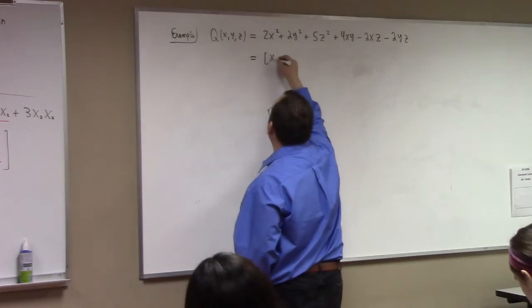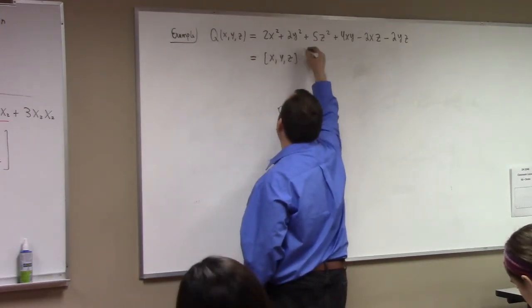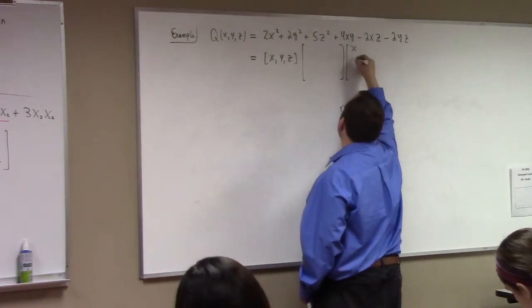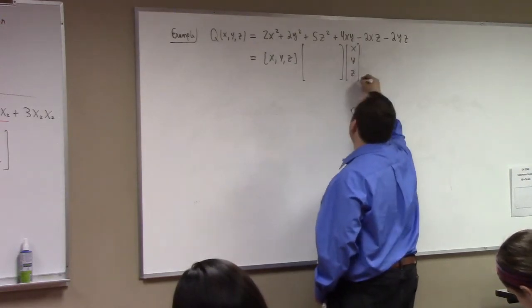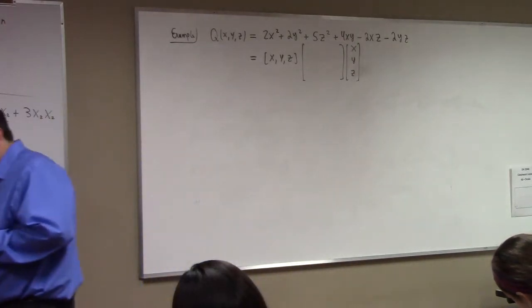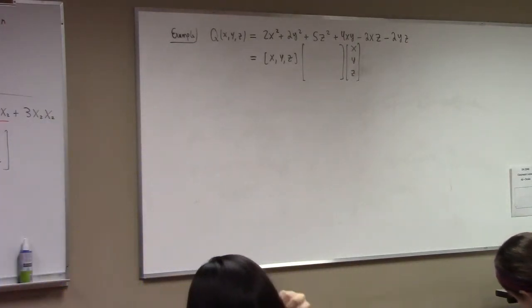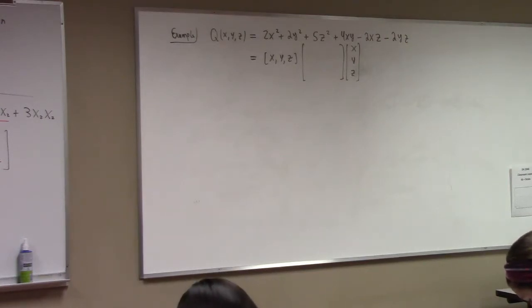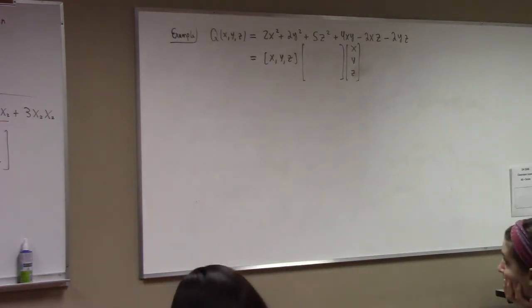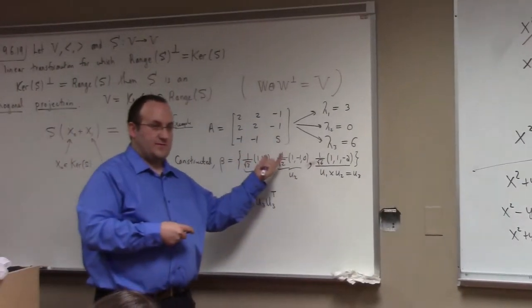You can write it as the row vector x, y, z times a matrix times the column vector x, y, z. Of course, not an accident, I made it this matrix. That was intentional.